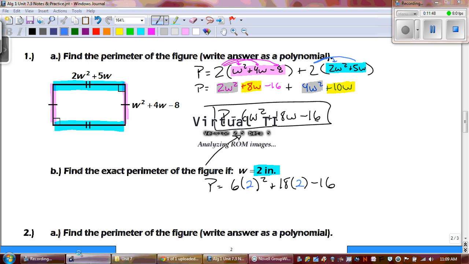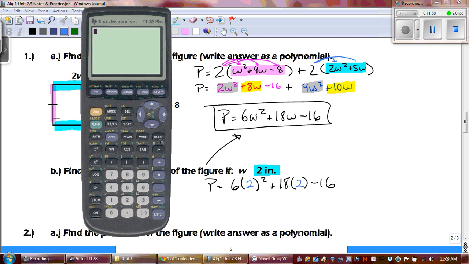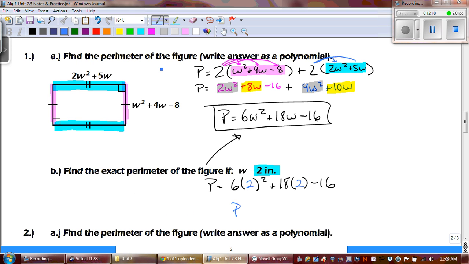And if you're plugging it into your calculator, you have to type it in exactly how it looks. Okay, so 6 times 2 raised to the second power, or you can just hit the square button, plus 18 times 2 minus 16. Okay? And then we get that P equals 44 inches. Okay, you have to label your answers.